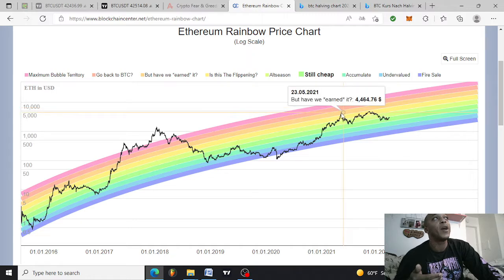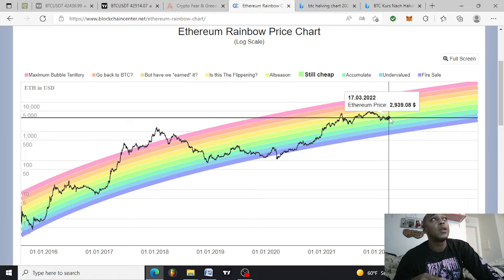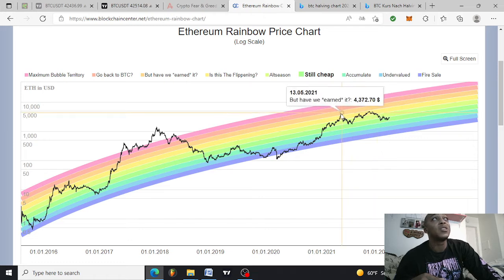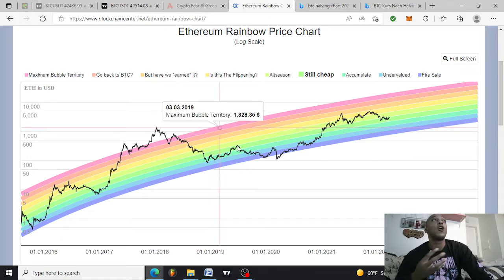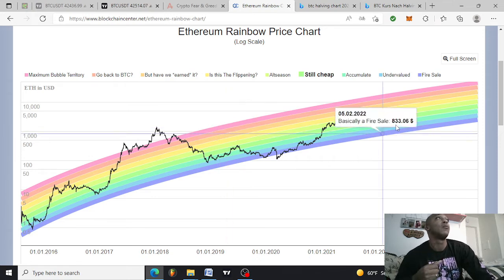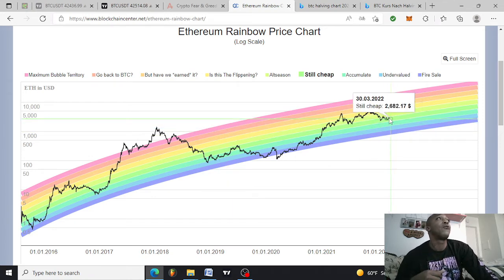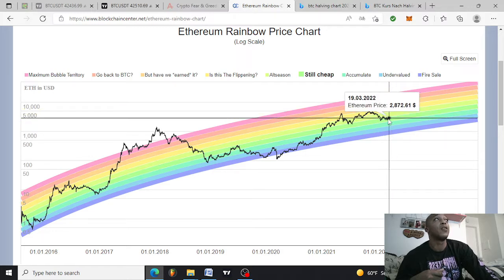We touched right at about 4,600 for one Ethereum. And you see, that was in the orange territory. But in this current time frame where we are now, this signifies that we're still in the cheap area.